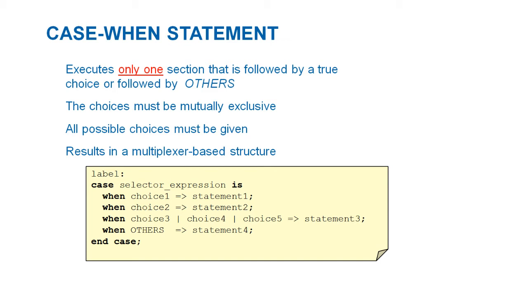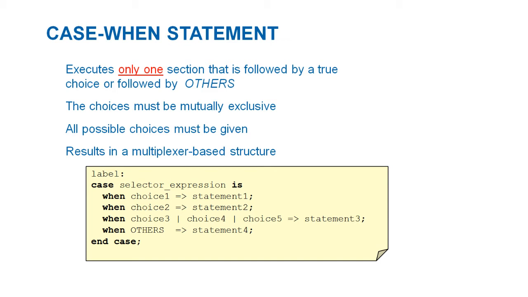We have a label, which is optional, but it's good for debugging. Then the case keyword, and we have an expression that can be evaluated into multiple choices, so not necessarily a single binary or Boolean evaluation or true values. So we have a case statement, and selection expressions that can give multiple choices.